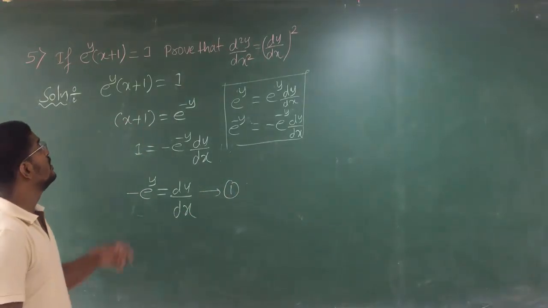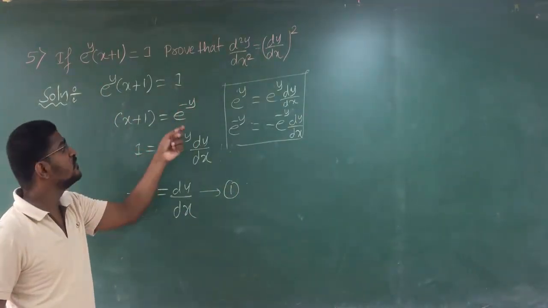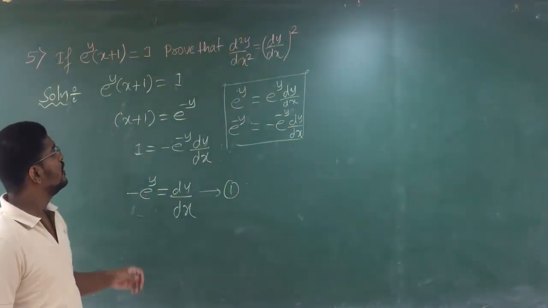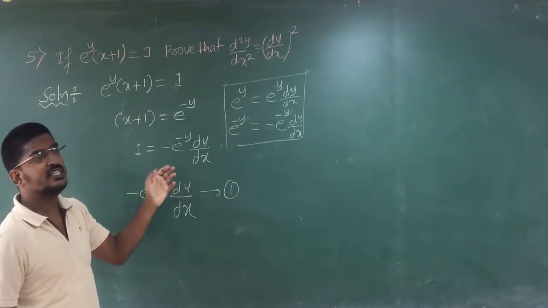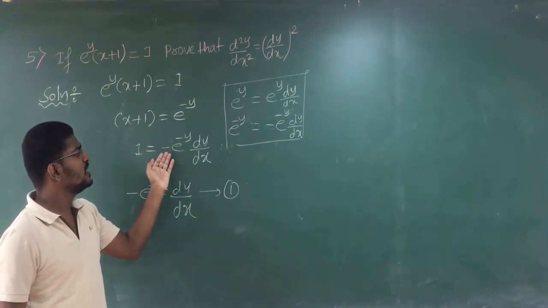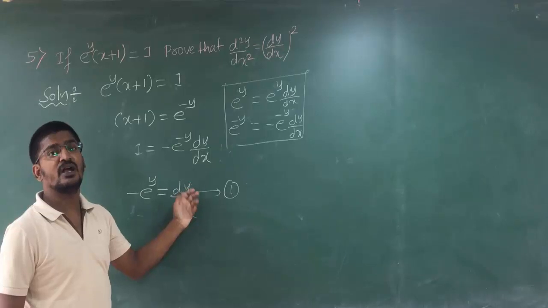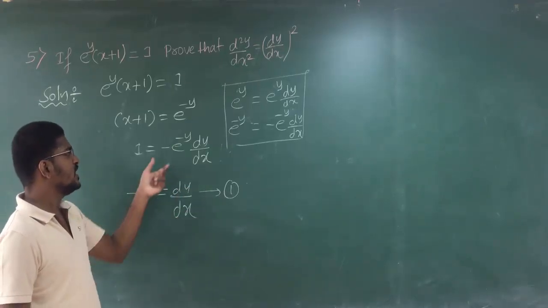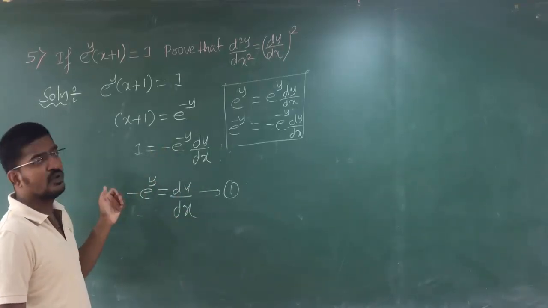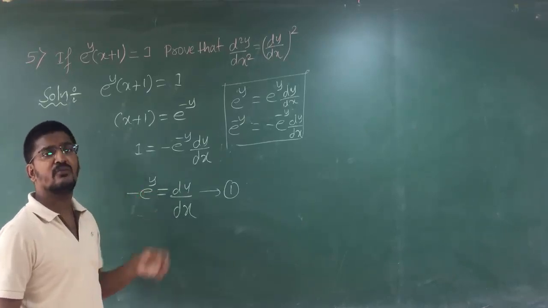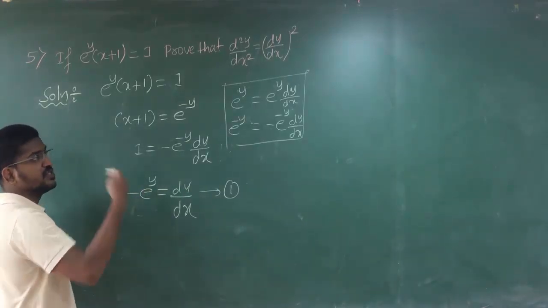Clear, students? Take e raised to y on that side, it will be e to the power of minus y. So differentiate on both sides. 1 equal to minus e to the power of minus y into dy by dx. So for that reason, if I take this term on this side, it will be again minus e to the power of y dy by dx. Now you differentiate again.